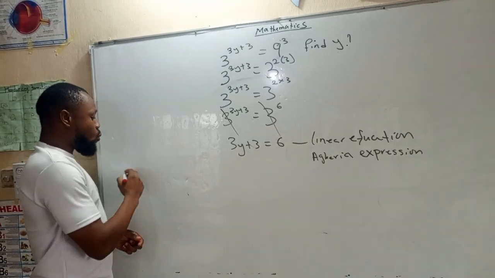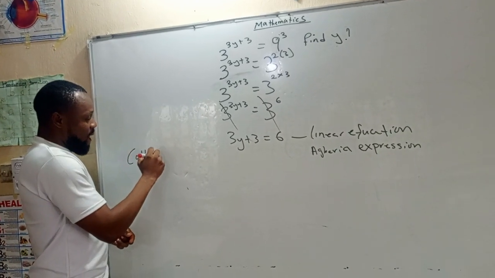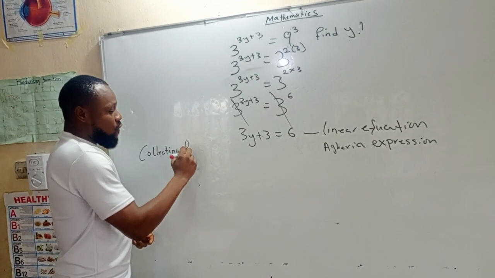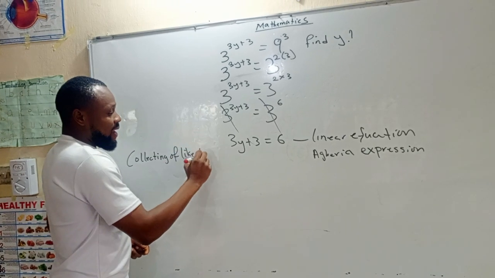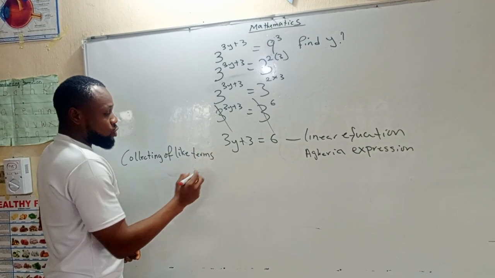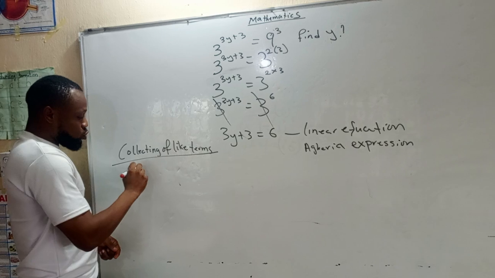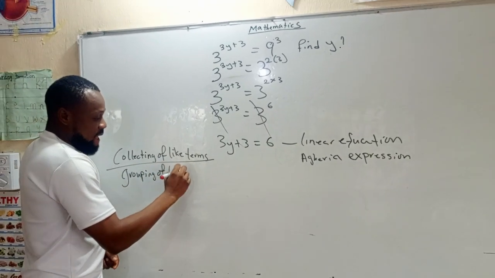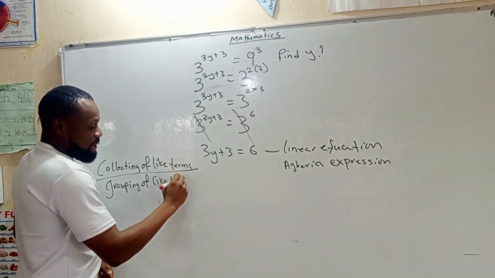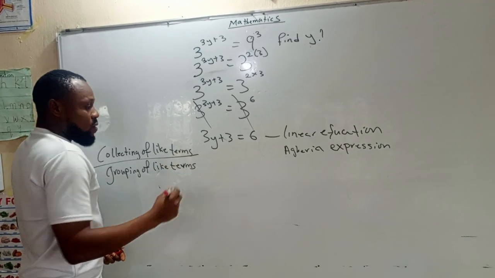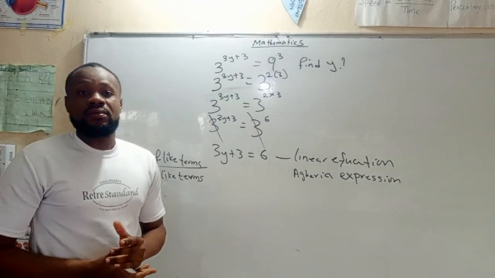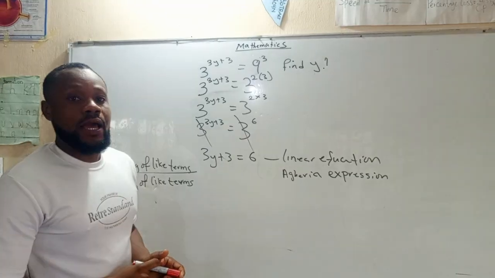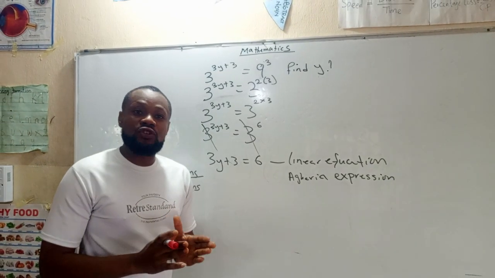We know there's what we call collecting of like terms, or you can call it grouping of like terms. What do we mean by collecting of like terms? When we say collecting of like terms, we mean taking all the numbers with a variable.